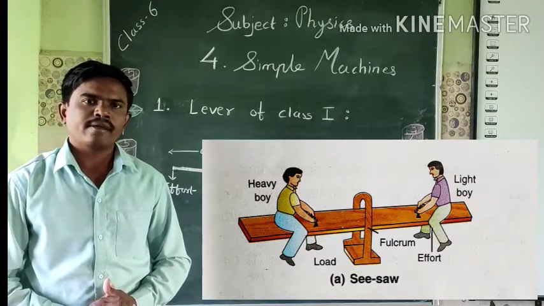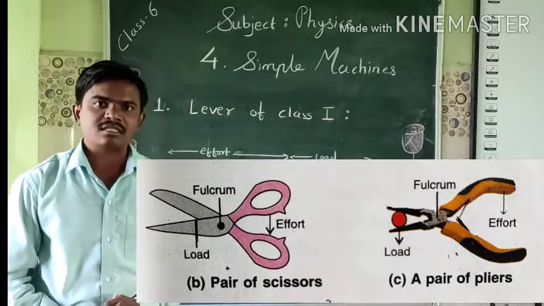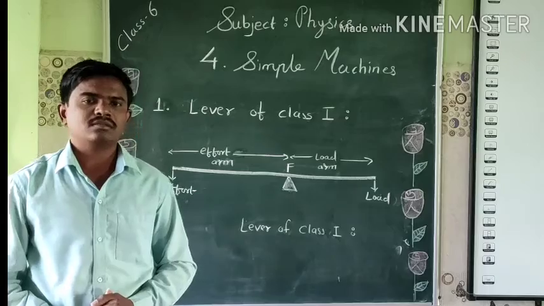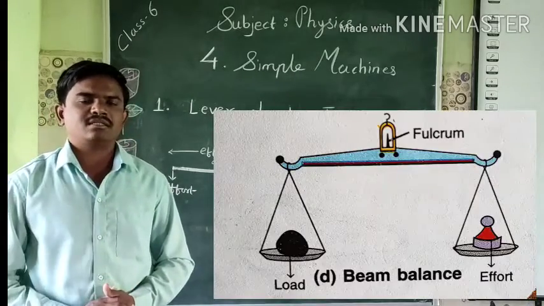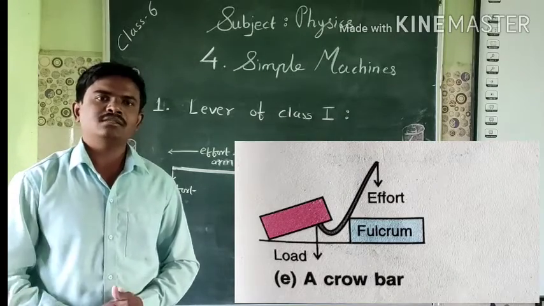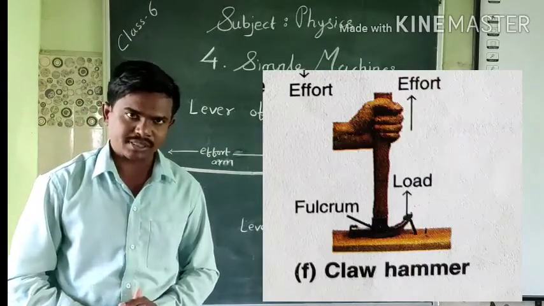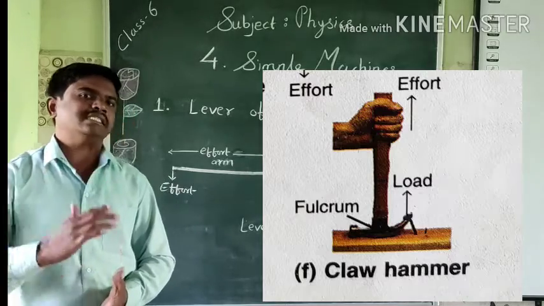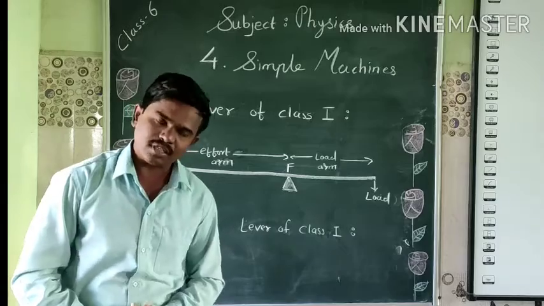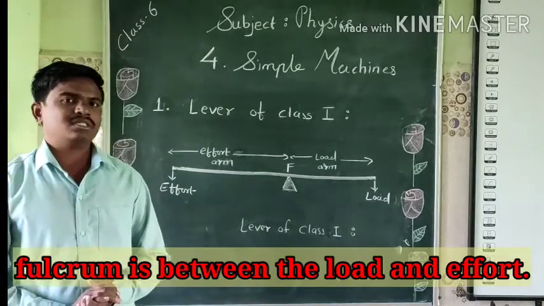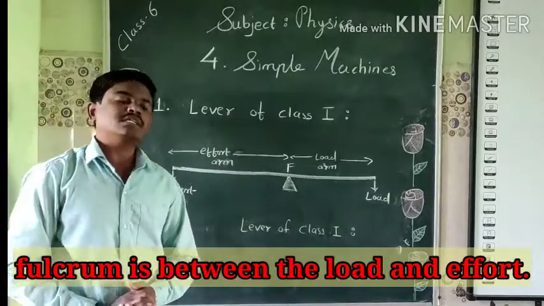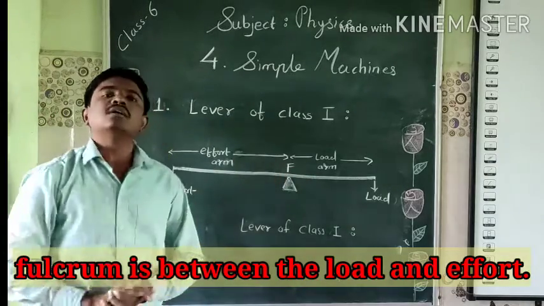Now the examples of lever of class first are seesaw, pair of scissors, a pair of pliers, beam balance, a crowbar and a claw hammer. These are the examples of lever of class first. In these examples, fulcrum is lying between the effort and load.